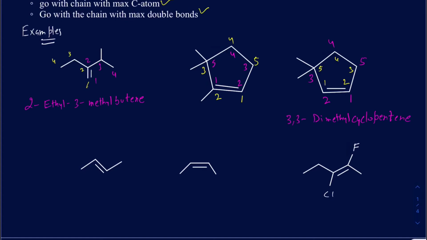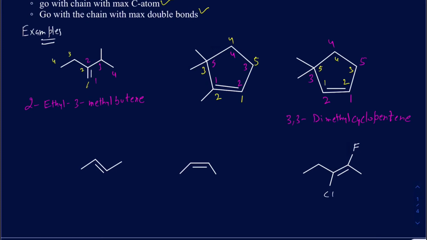So whether you go with the blue with the yellow numbering or the pink numbering, your double bond is indeed getting number 1 in both cases. But when you go with the pink, your first substituent is going to be at the first carbon, but when you go with the yellow, your first substituent is going to be at the second carbon.